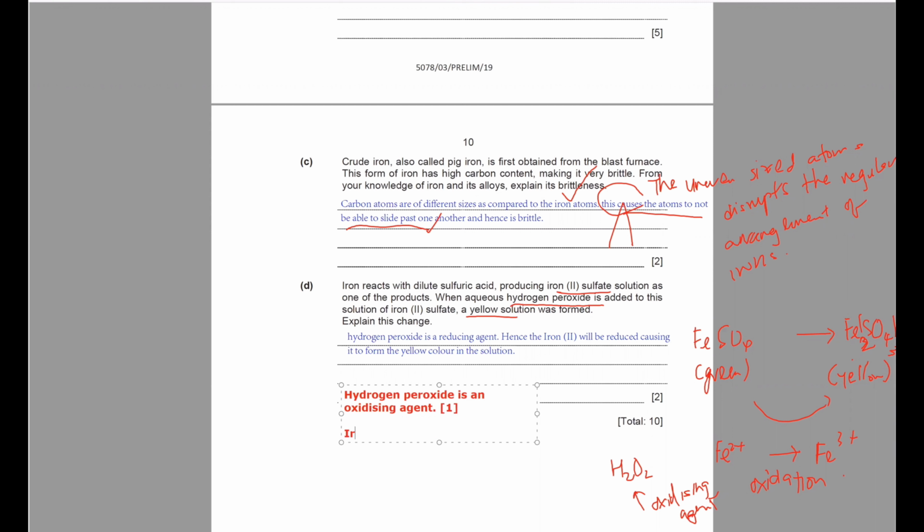Then because iron 2 ions are oxidized by hydrogen peroxide into iron 3 ions. This one is another 1 mark.